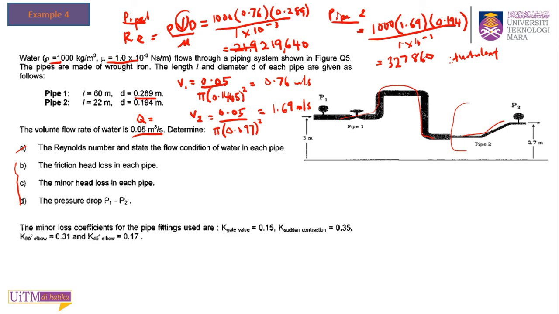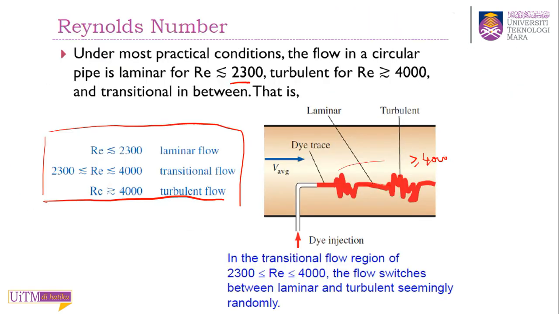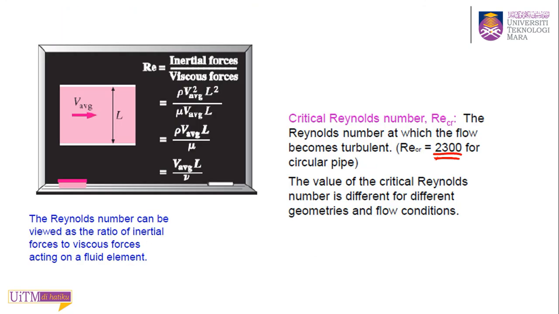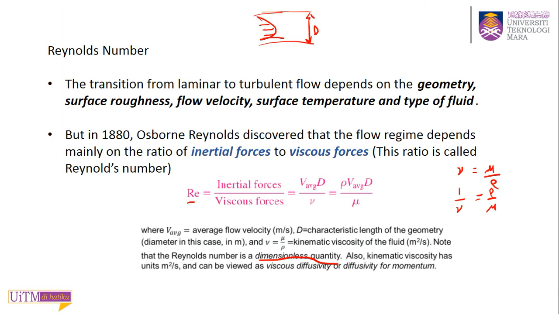Okay. Right. Any question? Sir, the Reynolds number has no unit, right? Right, it's dimensionless. So there is no unit for the Reynolds number. If you look at the equation, V is meter per second, D is meter, and kinematic viscosity is meter squared per second.